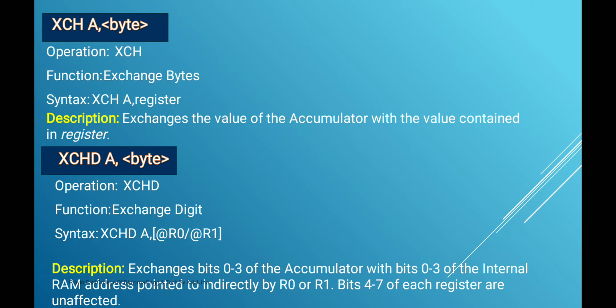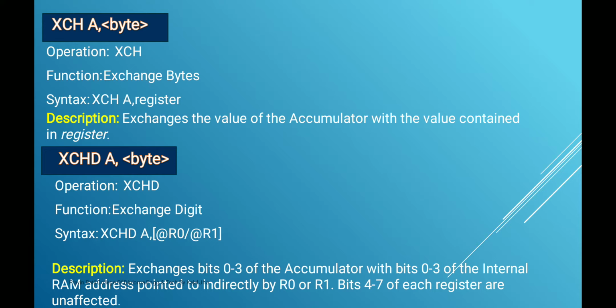That is, the instruction XCH A, @R0 exchanges the content of RAM location 20H with the accumulator, which results in 3FH in the RAM location and 75H in the accumulator.